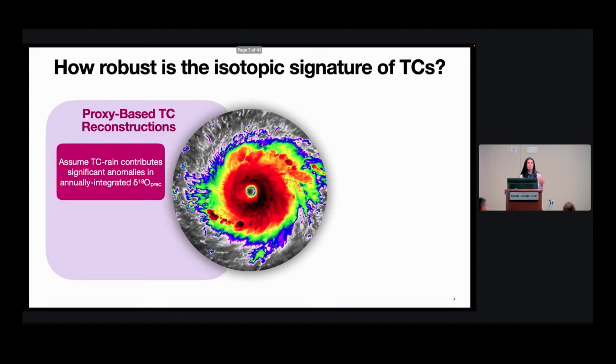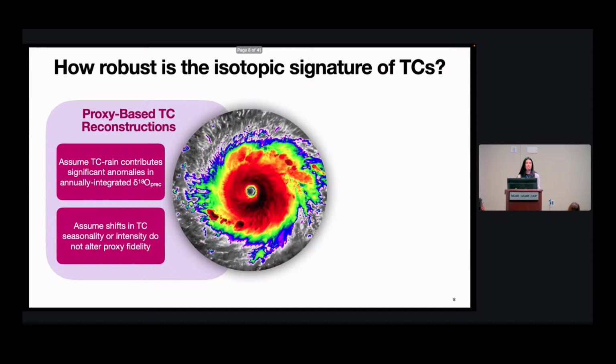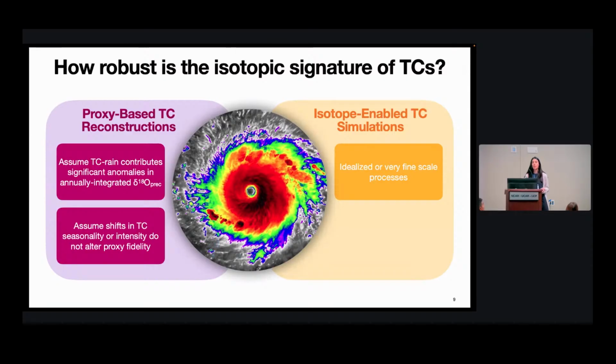Proxy-based TC reconstructions assume that TC rainfall contributes significant anomalies in the annually integrated delta 18O of precipitation, and also that shifts in tropical cyclone seasonality or intensity don't alter the proxy fidelity or sensitivity. There are existing isotope-enabled simulations of TCs, but they tend to be very idealized and focused on fine-scale processes, and they have a limited regional scope.